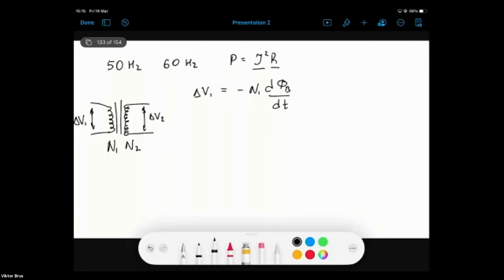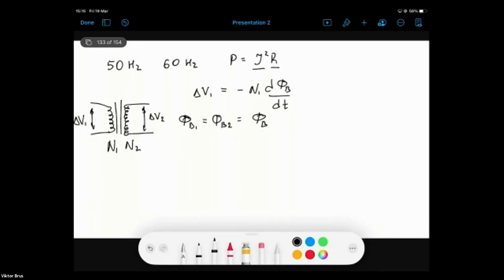Assuming that the magnetic field flux through the primary and secondary coils is equal, we can write Φ_B1 is equal to Φ_B2, and this is equal to just Φ_B.